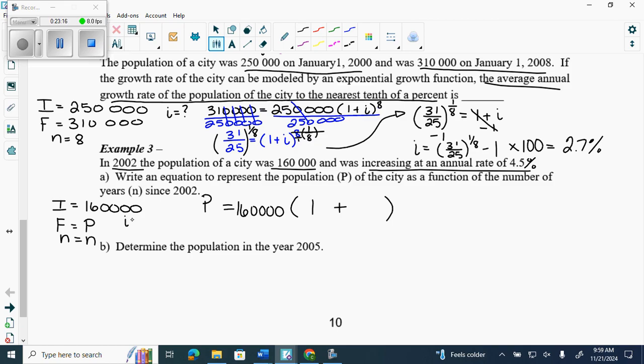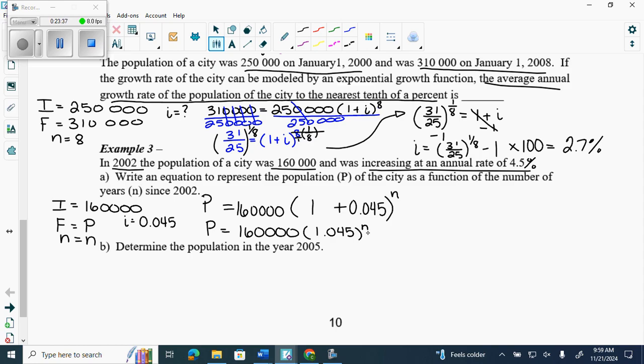What is little i? 0.045 to the N. So technically, we will put those together, and we'll go 160,000, bracket 1.045, to the N.